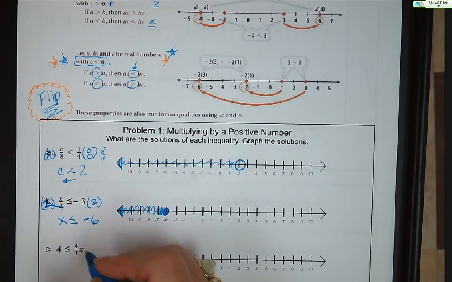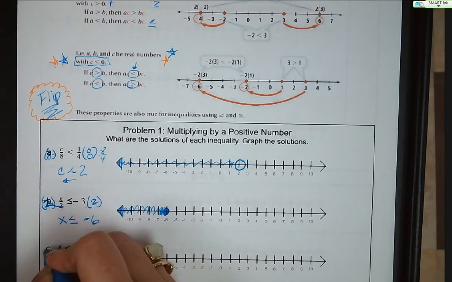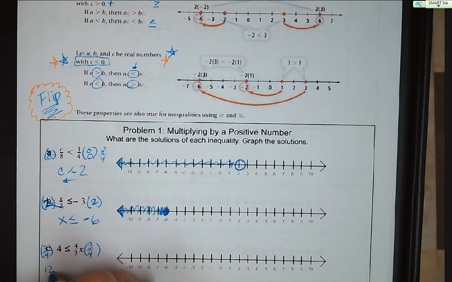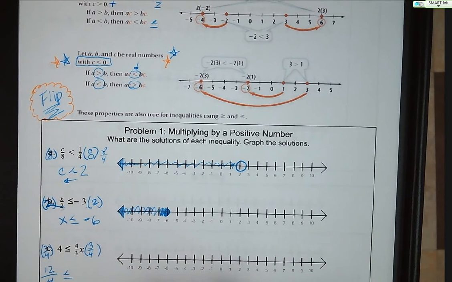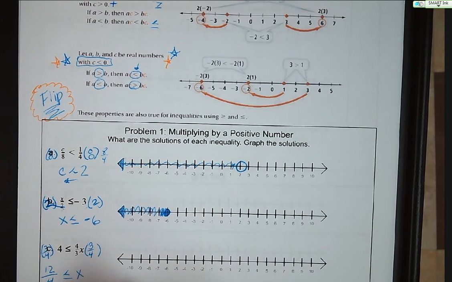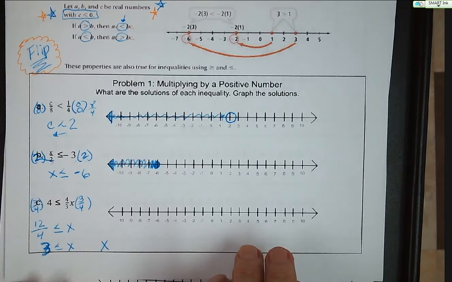All right, letter C. We have 4 is less than or equal to 3/4 x, so we need to multiply by the reciprocal. The reciprocal of 3/4 is 4/3. And we get 12/3 is less than or equal to x, which is 4... Actually we get 12/4 less than or equal to x, which is 3.